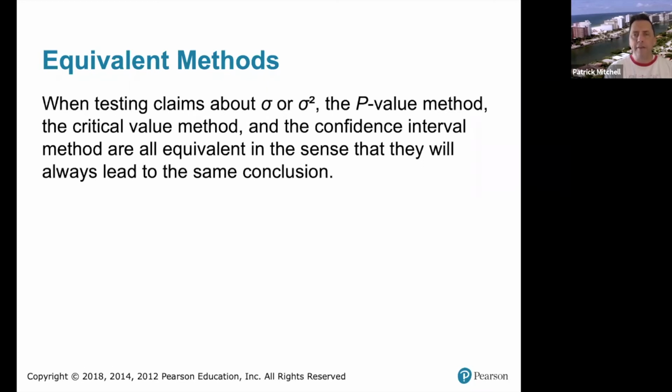The confidence interval method is equivalent. It will always give you the same conclusion as a formal hypothesis test. Now, as I record this video, we did not cover the section in Chapter 7 about finding confidence intervals for a population standard deviation or variance, so I won't be using that approach in this section.